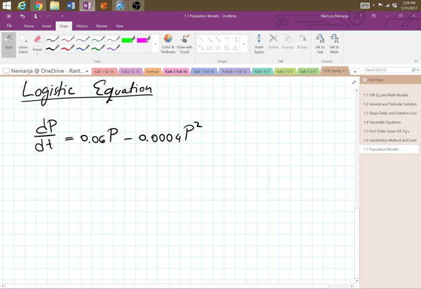I'll give you a hint. Factor out 0.04. See what stays behind. And then shift it to the other side.